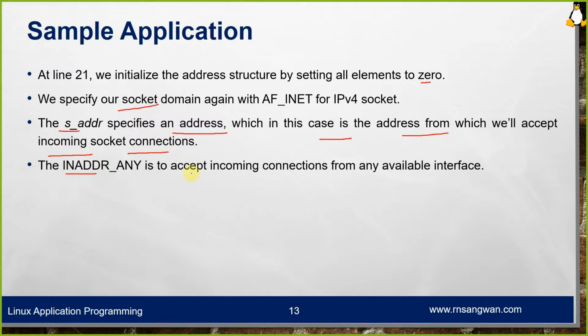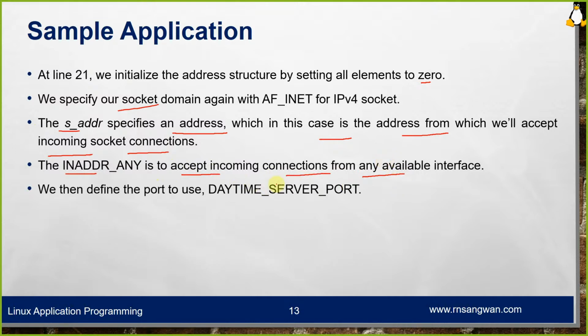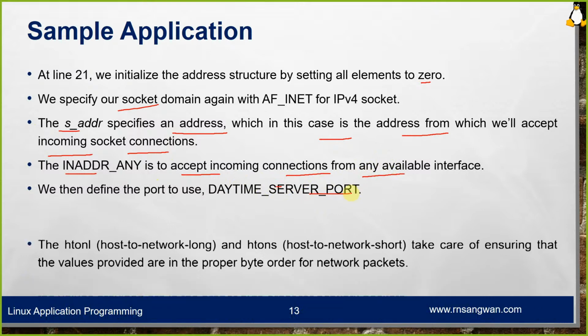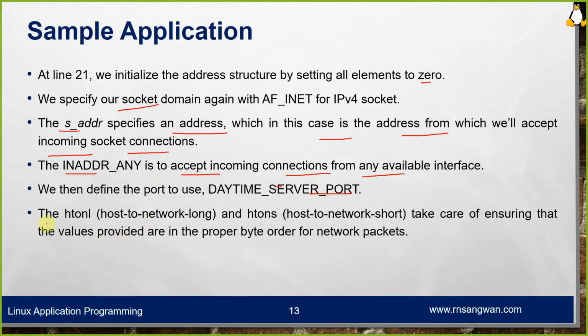We use INADDR_ANY to accept incoming connections from any available interface. We then define our port to use, the daytime server port. The htonl, host to network long, and htons, host to network short, take care of ensuring that the values provided are in the proper byte order for the network socket.